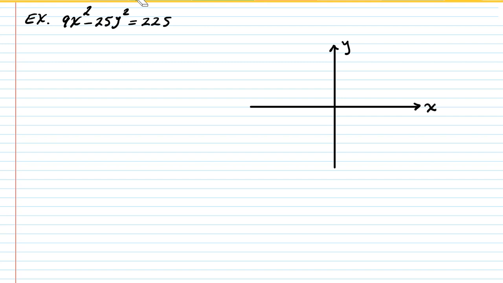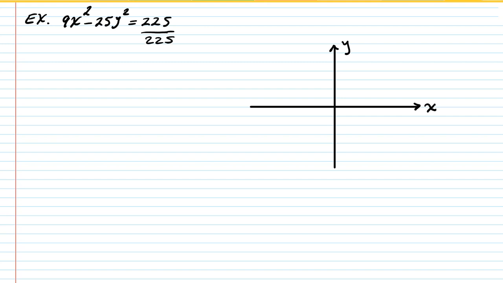But for this one, we want to graph it for one thing. We want to find the foci, the equations of asymptotes, domain, and range. It's just about everything that we could possibly want. So first, how do I graph it? Remember, it's very important to have one on this side.